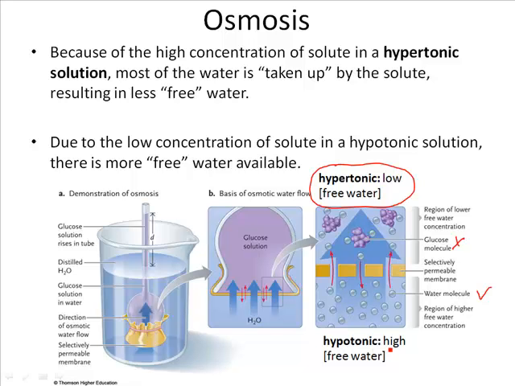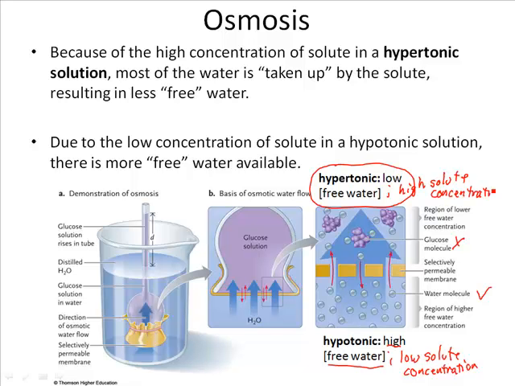So we say a hypotonic solution has a high free water due to its low solute concentration. And here we say in a hypertonic case, we have low free water due to the high solute concentration.